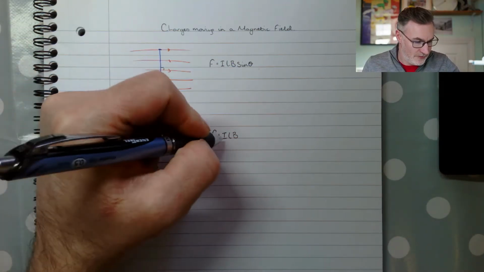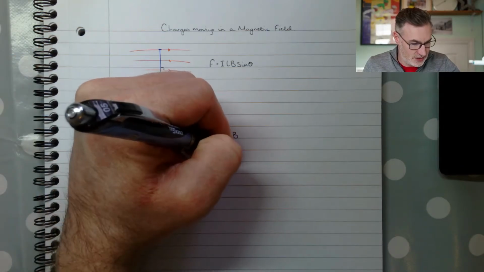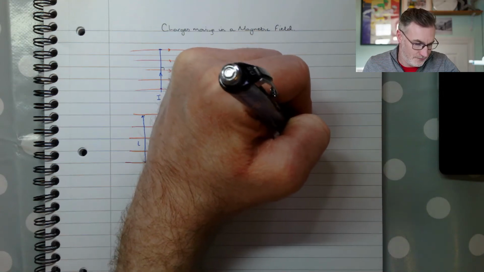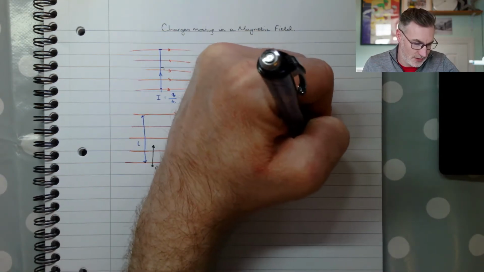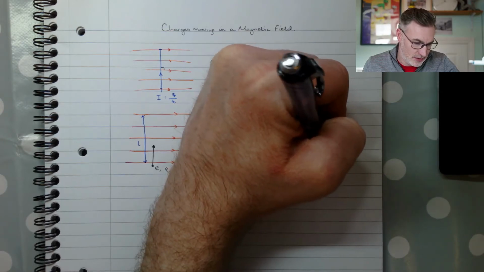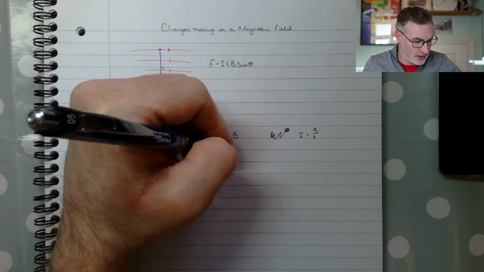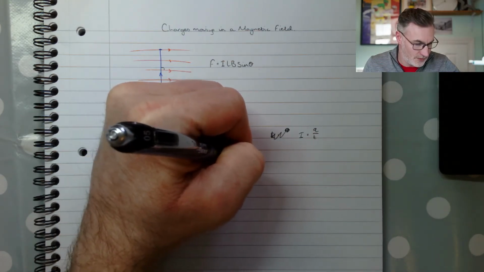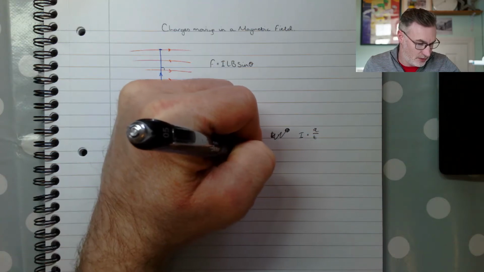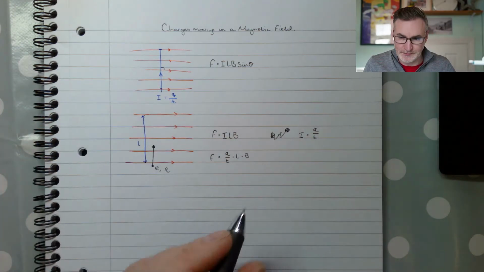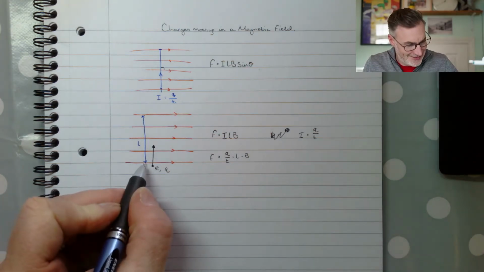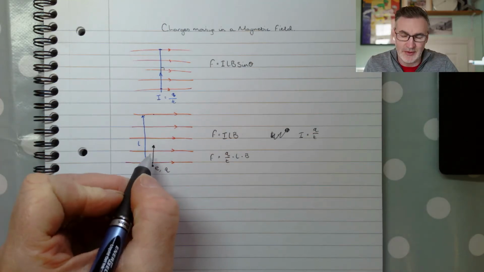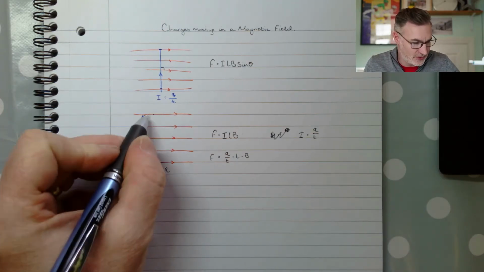Now, if your current I is equal to Q over T, and we substitute this in here, then we get F is equal to Q over T times L times B. And if the electron is moving a distance in a time, then we can work out velocity just from length and time.